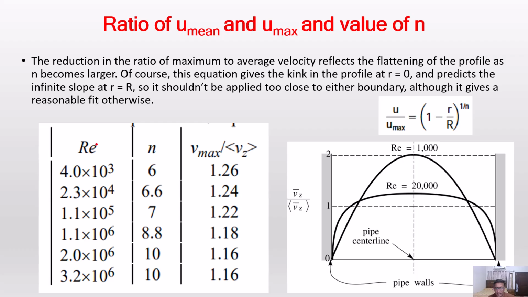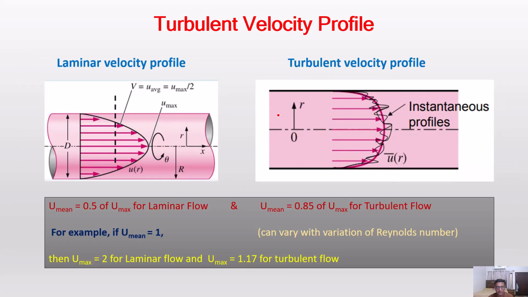Here the table I again got from the same book. I plotted the same values, but we also have V maximum divided by V average. So here we can find the ratio of V maximum to V average. For laminar flow, U mean is equal to 0.5 of U maximum, or U maximum is twice the U mean.